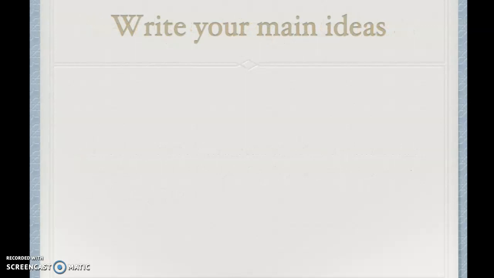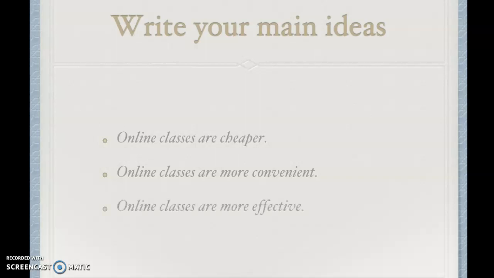After that, you write your main ideas separately. Remember what the three main ideas were? The first main idea was online classes are cheaper. Second idea is online classes are more convenient. And the third idea is online classes are more effective.